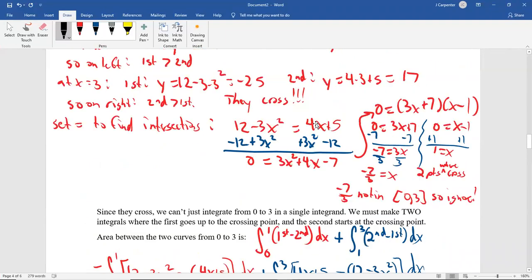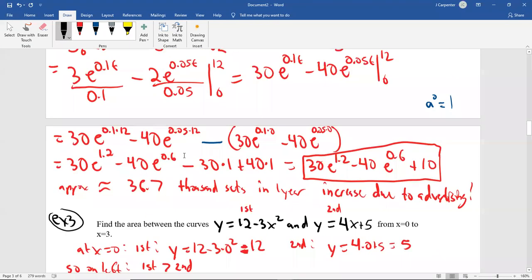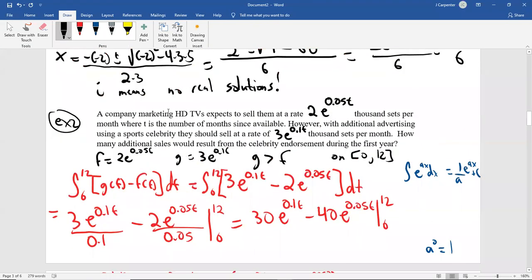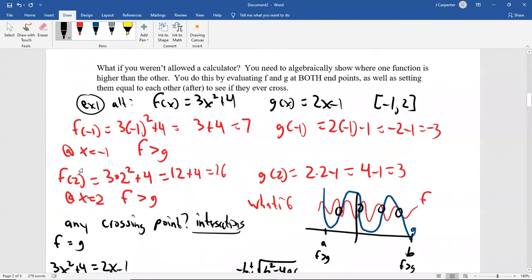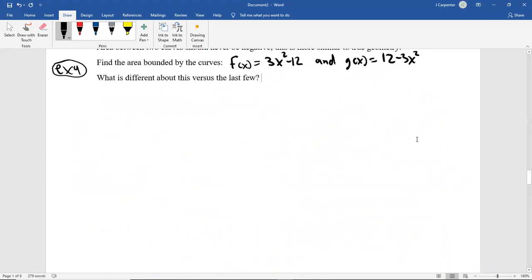What I'm pointing out is, in the last example, we found the area between the two curves from x equals 0 to x equals 3. Look at the one before that: from x equals 0 to x equals 12, because we were looking at 1 year, or 12 months. When we did this one, from -1 to 2. Let's go back to what we're on now.